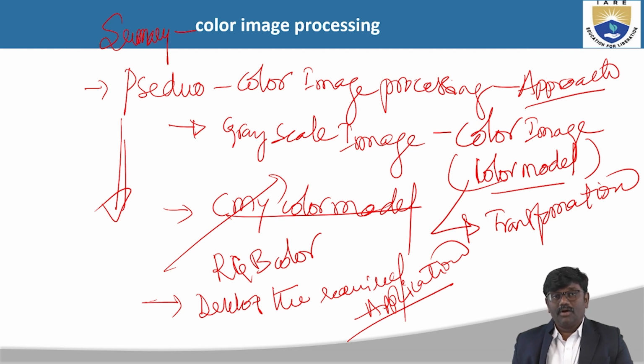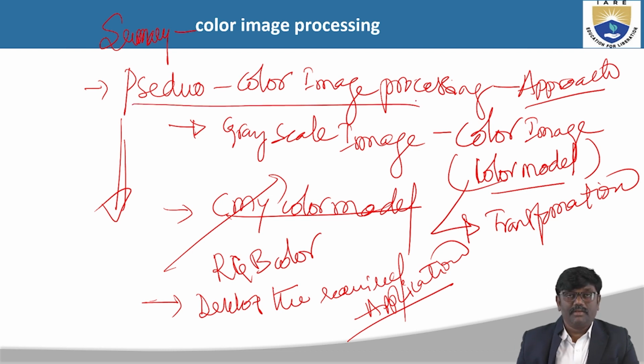So color image processing is very important even in our day-to-day life, where we face troubles understanding certain kinds of difficulties. We can convert them in an easy manner, we can transform them in an easy manner with the help of today's class. That is what we are understanding: pseudo color image processing.